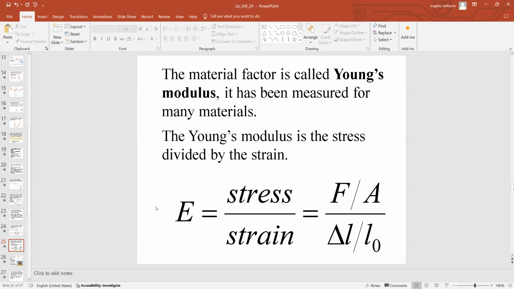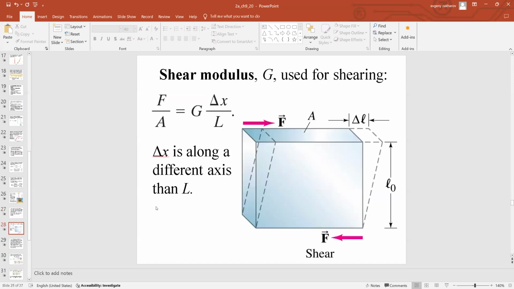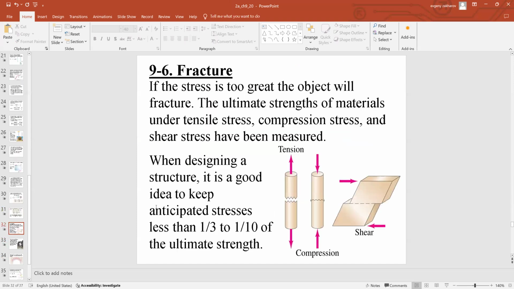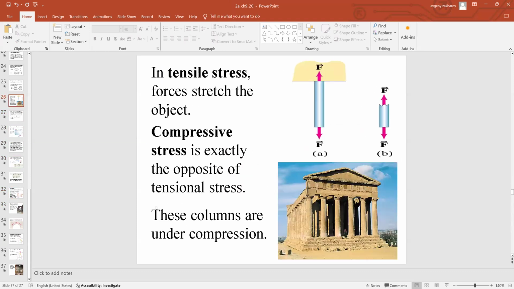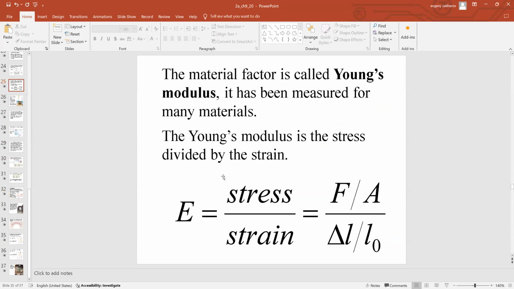There is a table. Do I have it here? No, I don't have the table here, but the textbook has the table with all the values for Young's modulus, and depending on the material that is given in the problem, you just look up the Young's modulus for that material and plug it in instead of this capital E. Capital E is the Young's modulus.